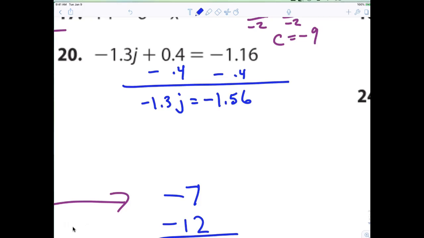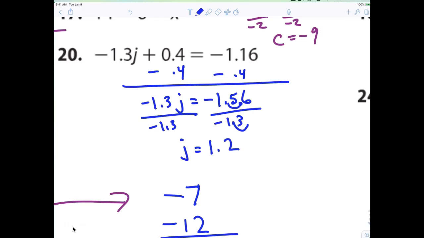All right, now what? And I got J is equal to 1.2. So J is equal to 1.2. Everybody agree with that? Oh, wait, no. Move the decimal over once.